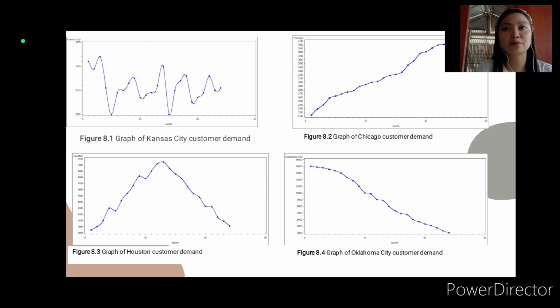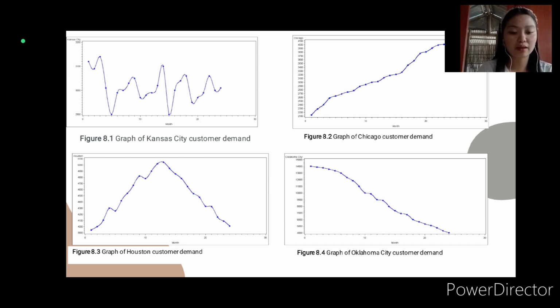Ito, makikita natin sa figure 8.1 at saka figure 8.3. Diyan yung graph ng Kansas City, yung left side. And then yung right side, dito naman nakikita natin yung sa Oklahoma City. Yun yung 8.2 at saka 8.4.